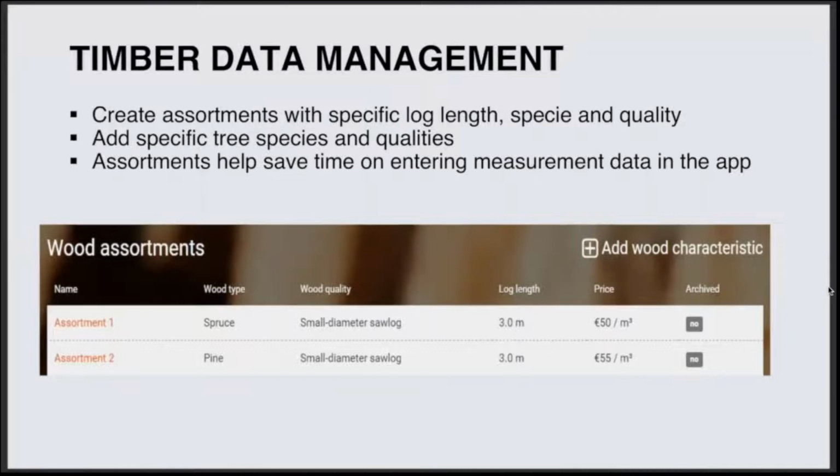And if from our default tree species and qualities options, something that you would wish to have is missing, you can always add it by yourself. And those assortments help save time on entering the measurement data in the app.